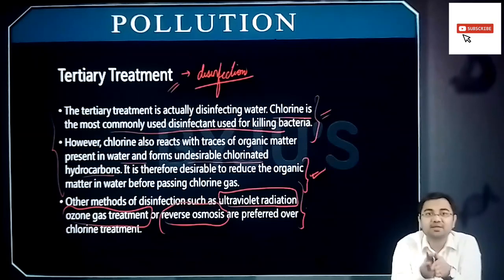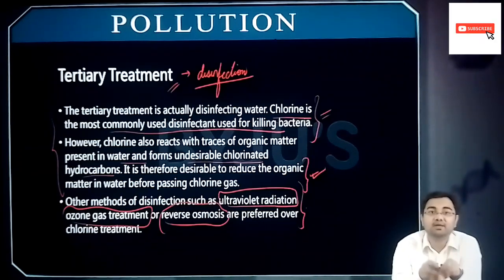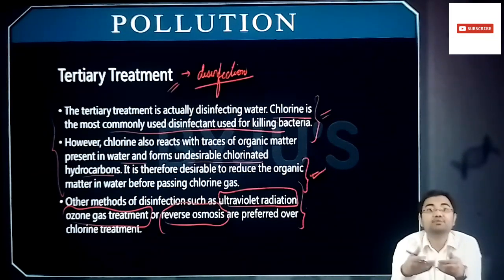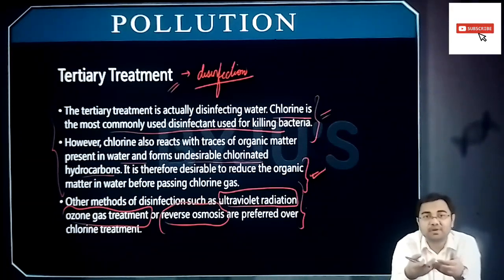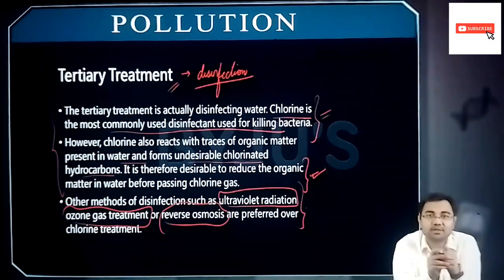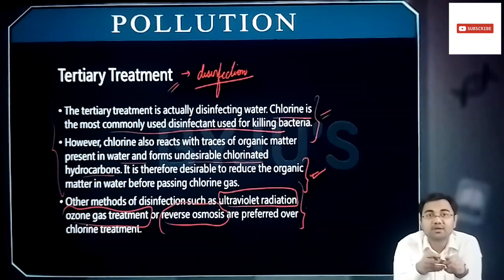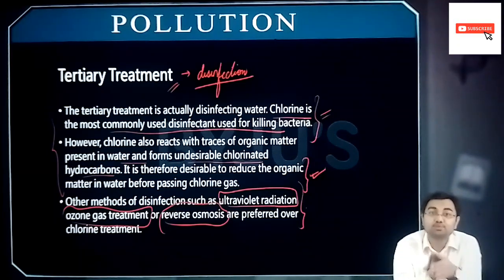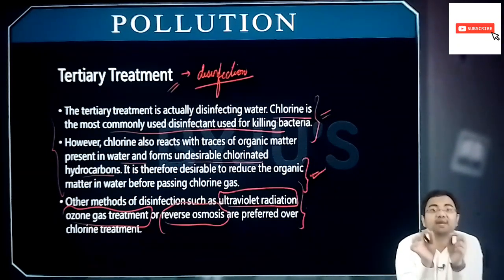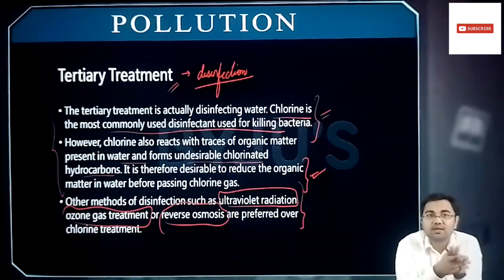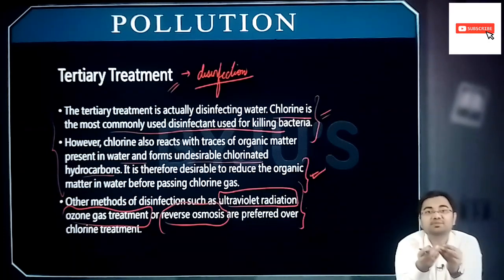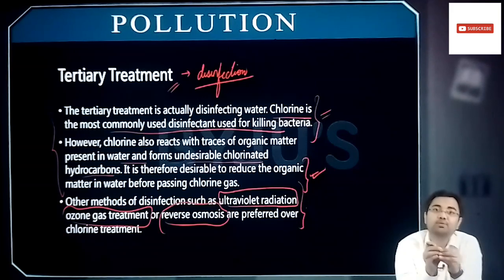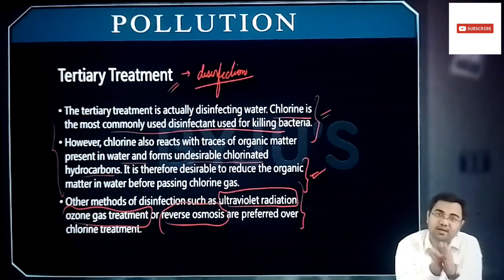In the secondary stage, the reduction of organic material by acceleration of natural biological processes happens by addition of oxygen. Then you have the tertiary treatment. It is done when the water is to be reused. Here 99% of the solids are already removed, and various chemical processes are used to ensure that the water is free from infecting material.